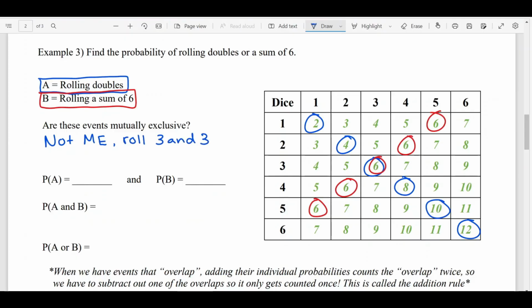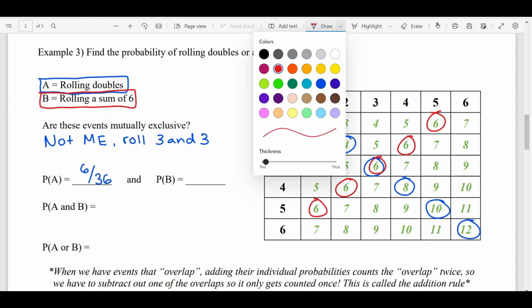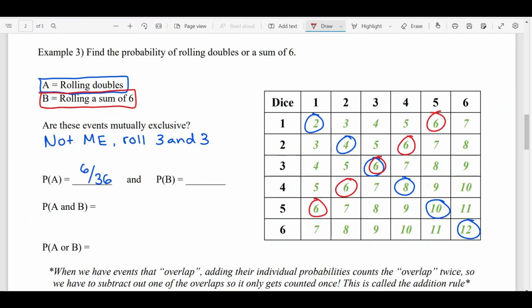That's their overlap. So let's take a look at their individual probabilities first. The probability of A of rolling doubles, there's 6 events out of 36 where you can roll doubles. Okay. The probability of B, rolling a sum of 6, there's 5 out of 36 events where you roll a sum of 6.